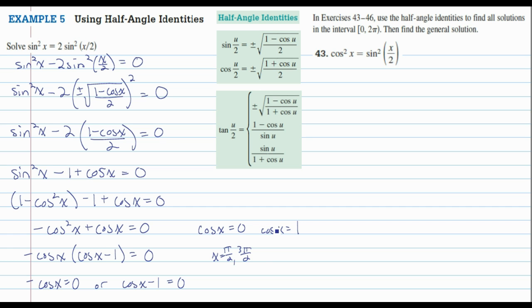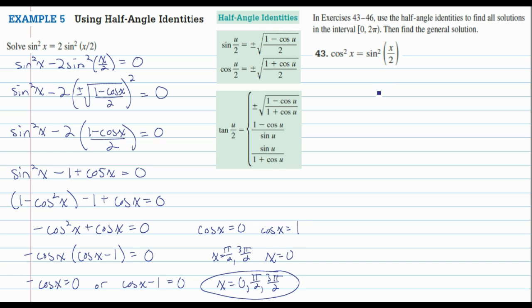The x values for cosine of x where cosine is 1, that's just 0. So in increasing order around the circle, the x values that make the left side equal to the right side are 0, pi over 2, and 3 pi over 2. Done.